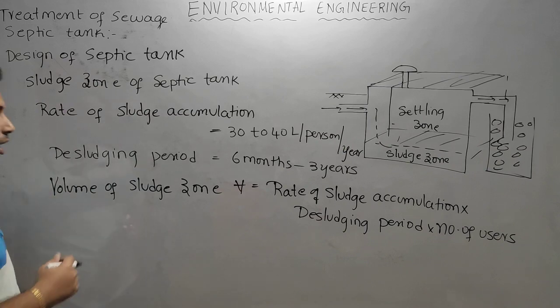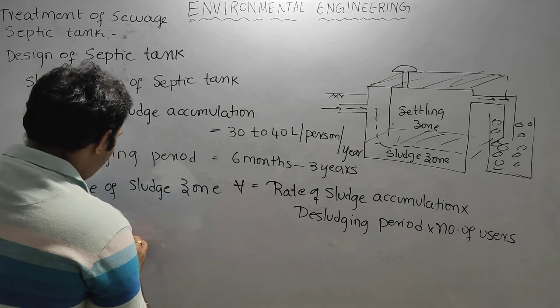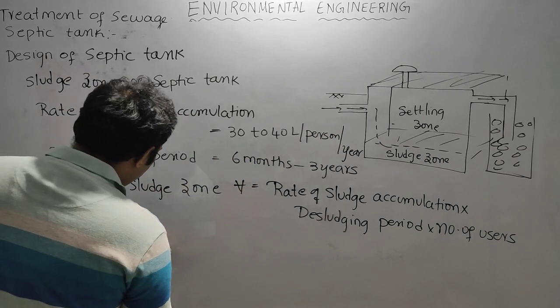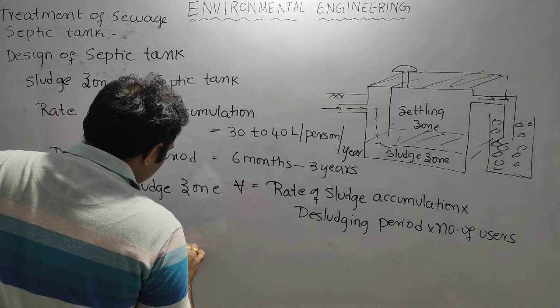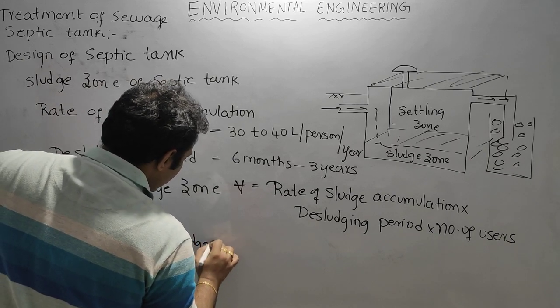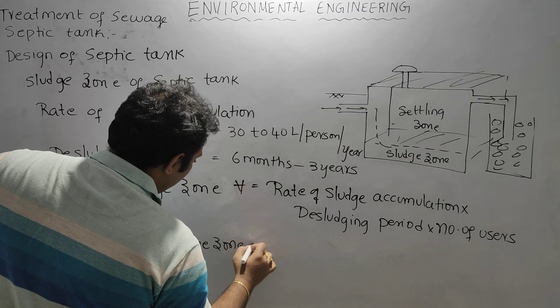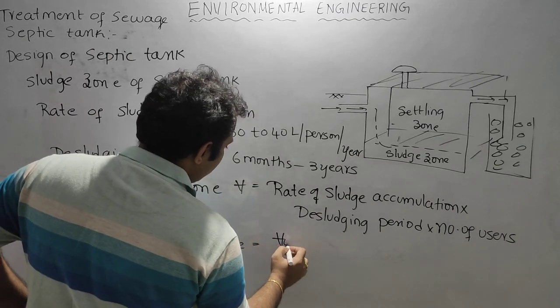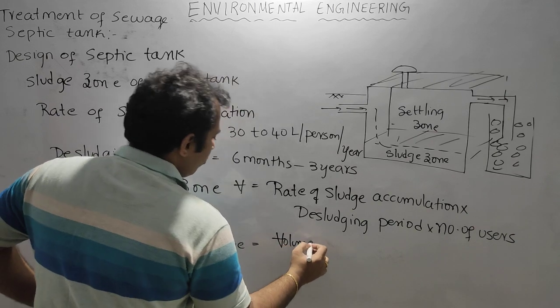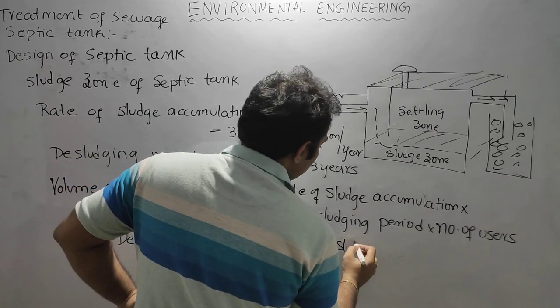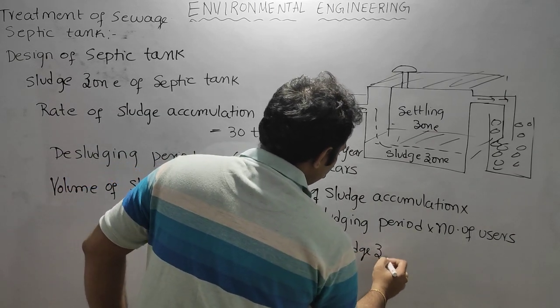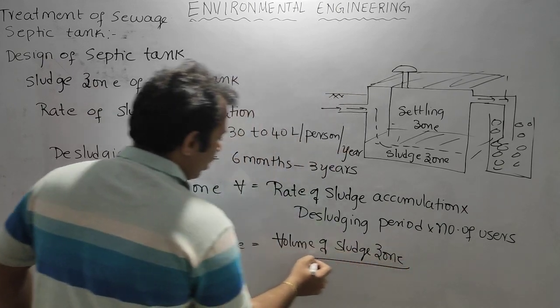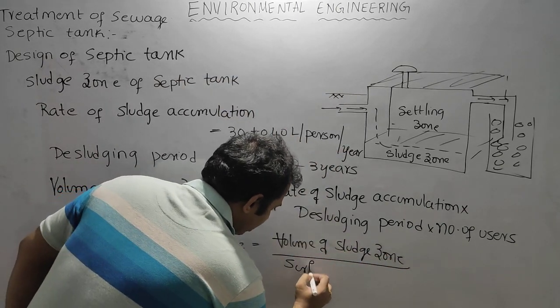We have the surface area. So now we are designing the depth of the sludge zone. The depth of the sludge zone is equal to the volume of the sludge zone divided by the surface area.